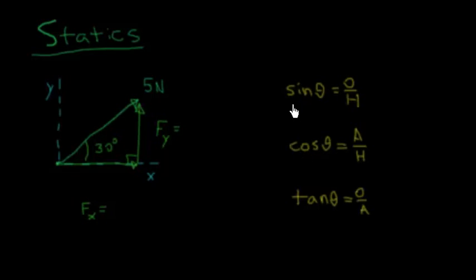Mainly today we'll deal with these 2 right here, because say that we're trying to define what this force in the Y direction is. Well, we have a hypotenuse, we have our angle theta right there, which in this case is 30 degrees, and we want that opposite leg to theta.